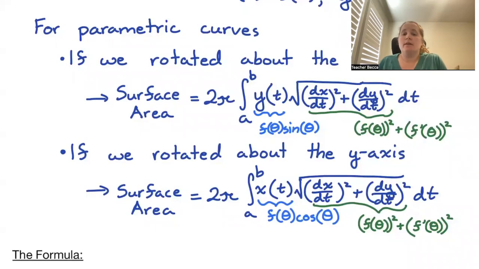All right, so again, that dx dt squared plus dy dt squared is just f of theta squared plus f prime of theta squared, as we saw in our arc length video.